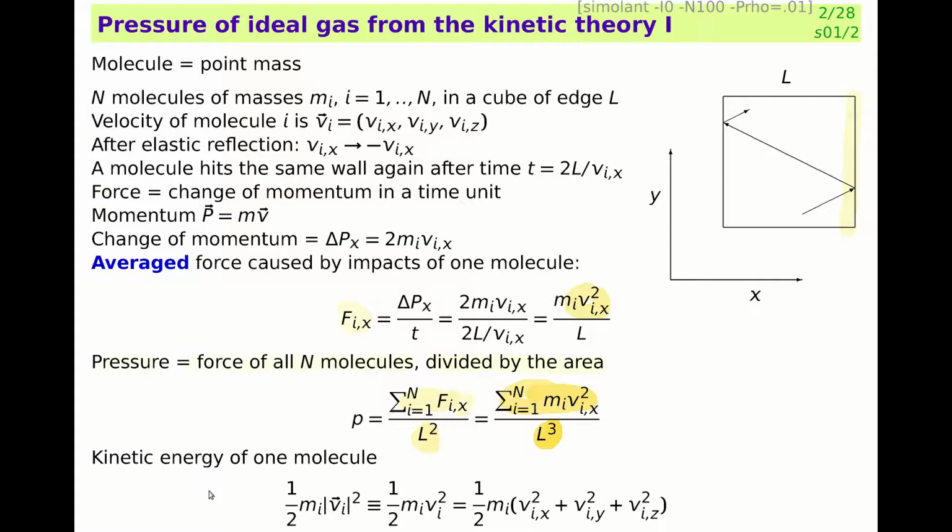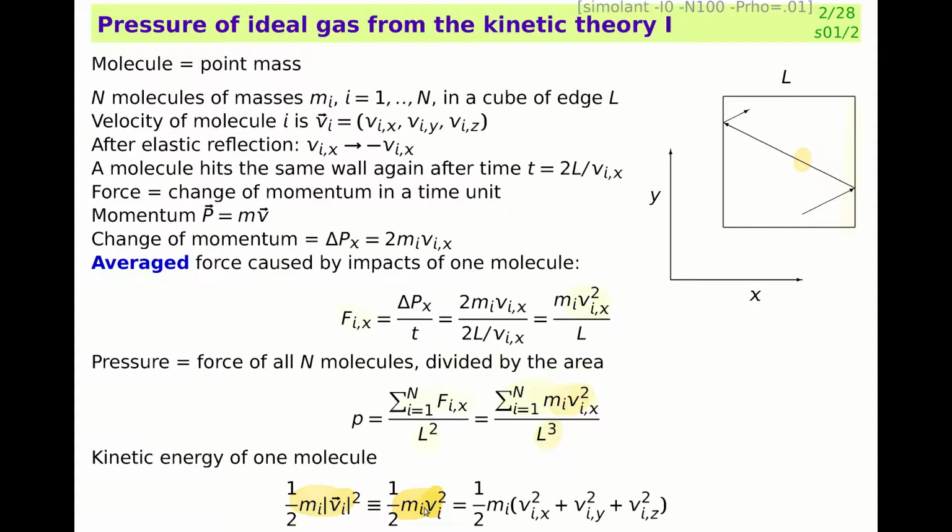The kinetic energy of one molecule is quite similar to this, but I must take care about the components, because a velocity of a molecule in general is a vector. So the kinetic energy of one molecule is here. I can write it like this.